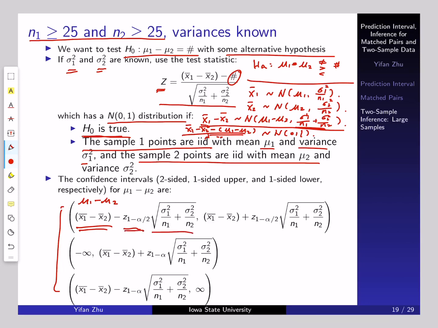We have z quantiles, and when it is two-sided, use the 1 minus alpha over 2 quantile, and if it is one-sided, use the 1 minus alpha quantile. And this is also a standard deviation, but it is the standard deviation of x1 bar minus x2 bar.